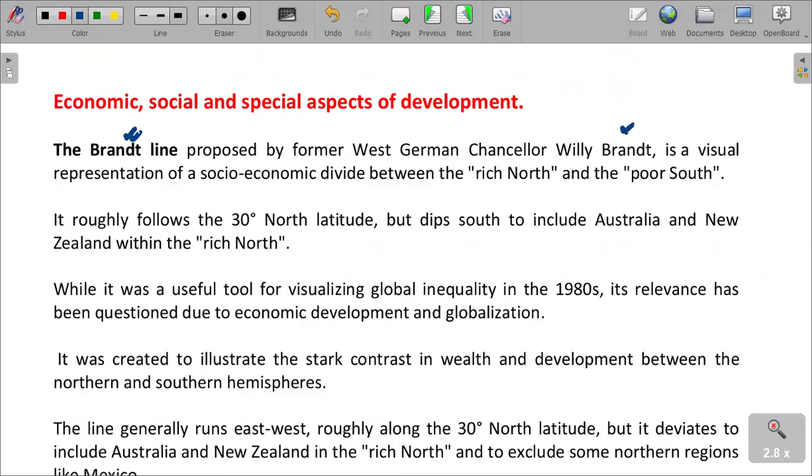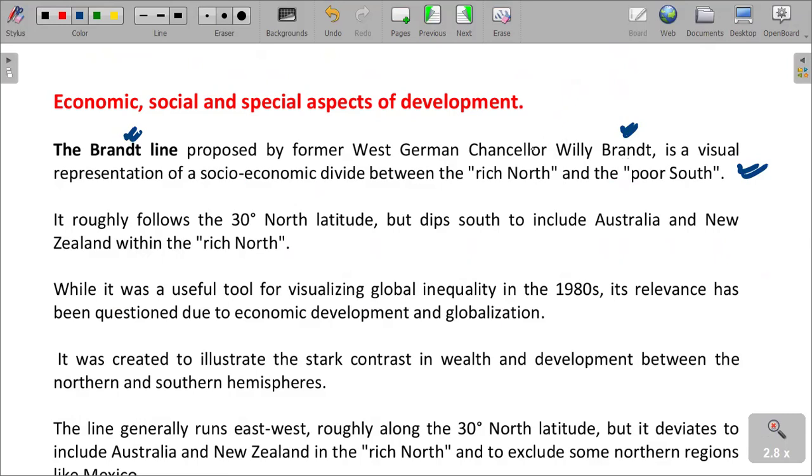This is the chancellor who came up with this north-south divide, which is a visual representation of a socio-economic divide between the rich north and the poor south. So this is a quite important concept in our geography grade 11.